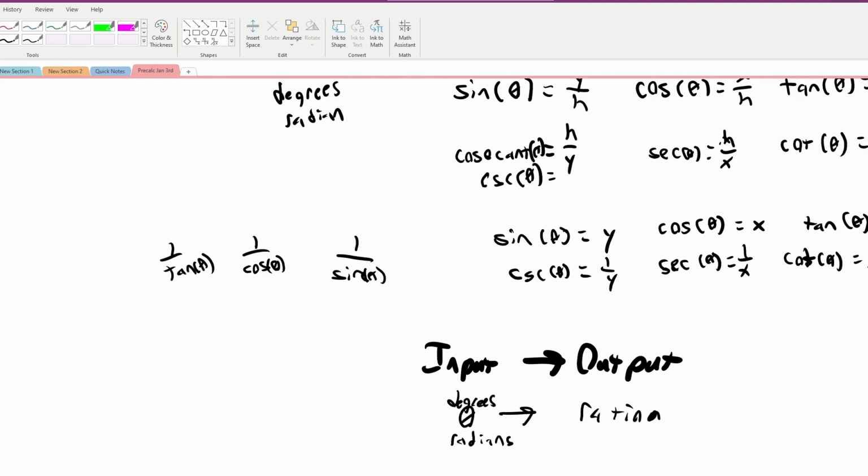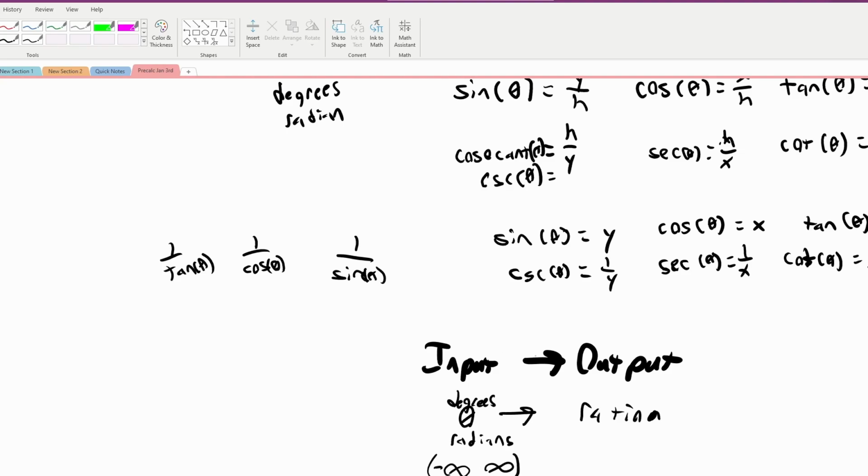And the idea is you can go in the negatives or in the positives, but you're just looping around the circle over and over again, where we start at the positive x-axis. So that means our input has a domain of infinity. So we can input any values between negative infinity and positive infinity, but they have to be angles.